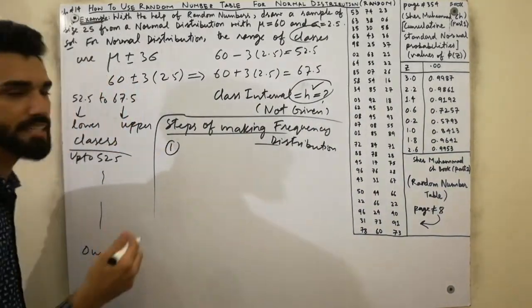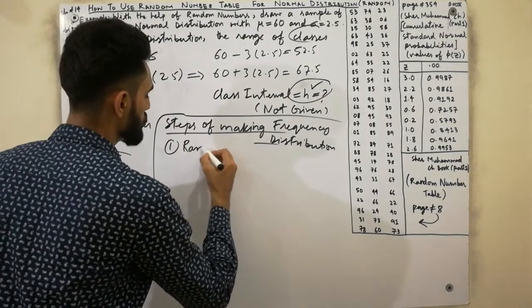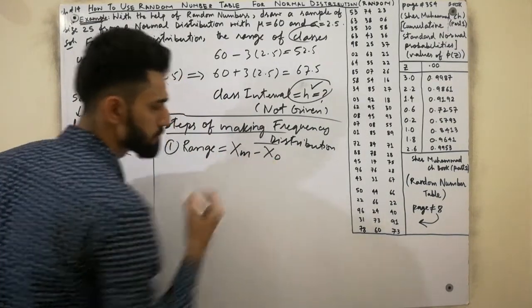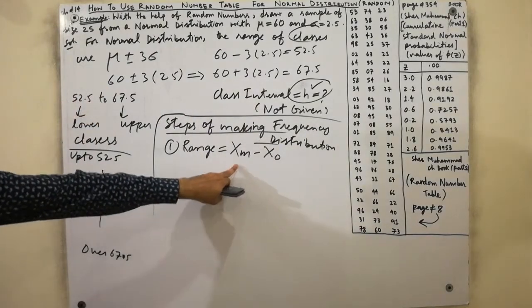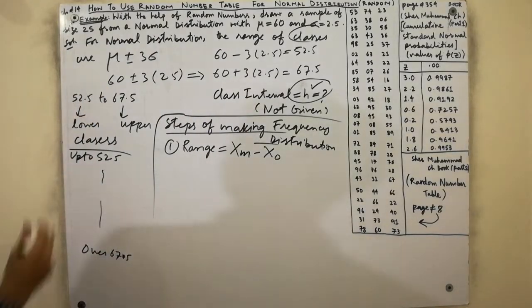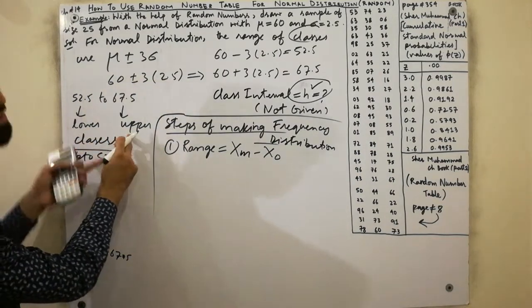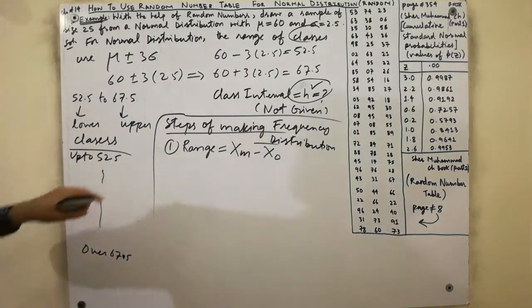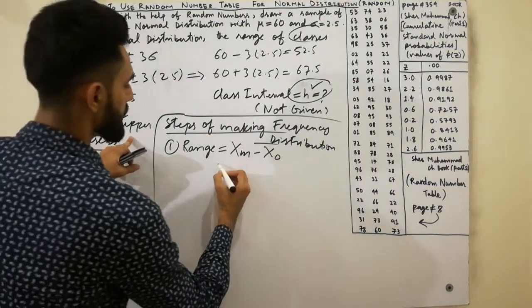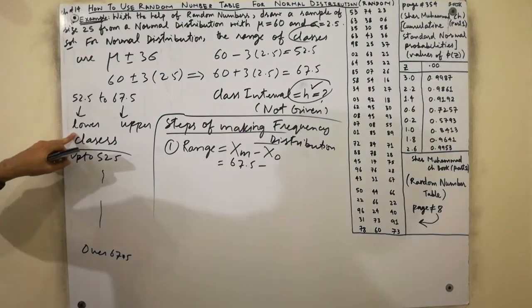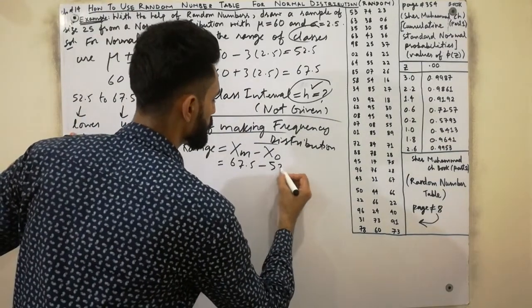Next step is very easy. Range is equal to maximum value minus minimum value. Here the lower value is the minimum value and the upper value is the maximum value. Upper value, maximum value is 67.5 minus minimum value, lower value is 52.5.